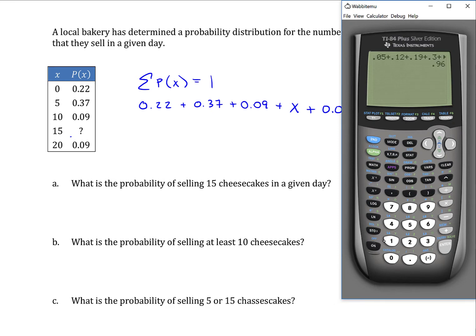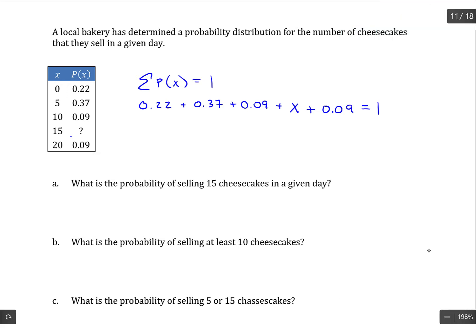So that means 0.22 plus 0.37 plus 0.09 plus another 0.09 adds up to 0.77, plus our missing probability is equal to 1.